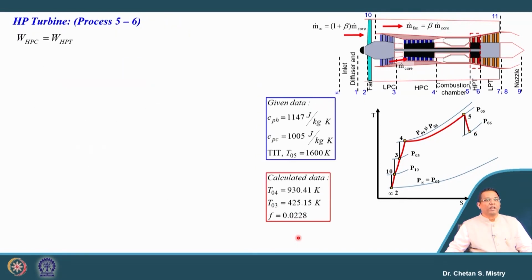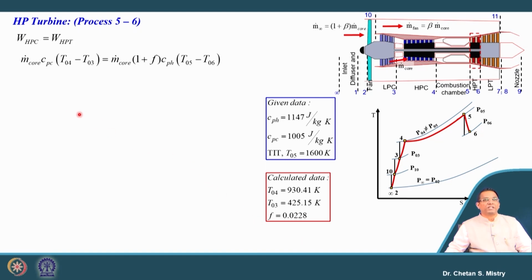Okay. Now, let us move to the next component, which is our HP turbine. This HP turbine is used to rotate the HP compressor only, and that is the reason we are writing our work balance.